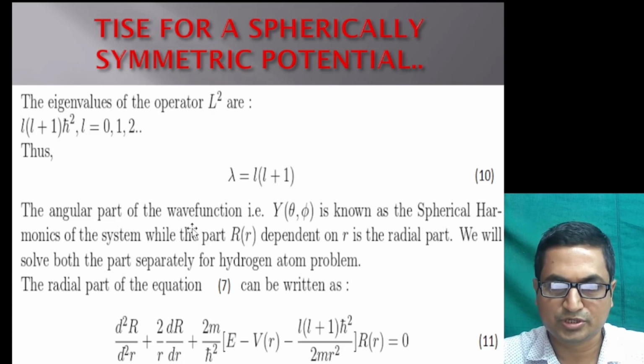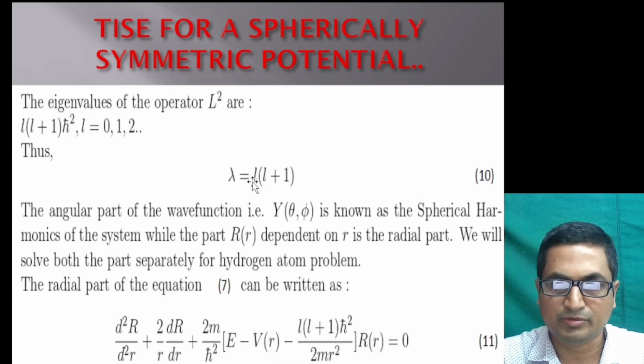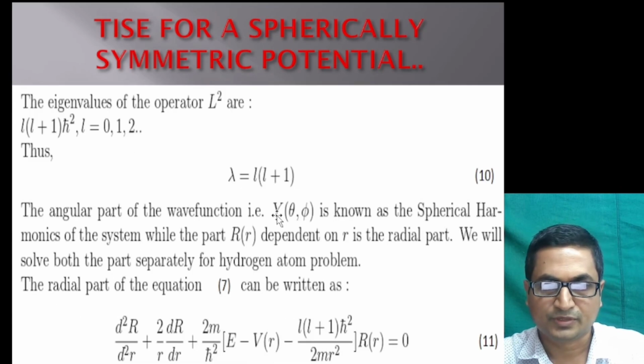So you can see that the angular part of the wave function, Y as a function of theta and phi, is known as spherical harmonics, and it satisfies an eigenvalue equation 8, with an eigenvalue given by equation 10, lambda equal to L into L plus 1.